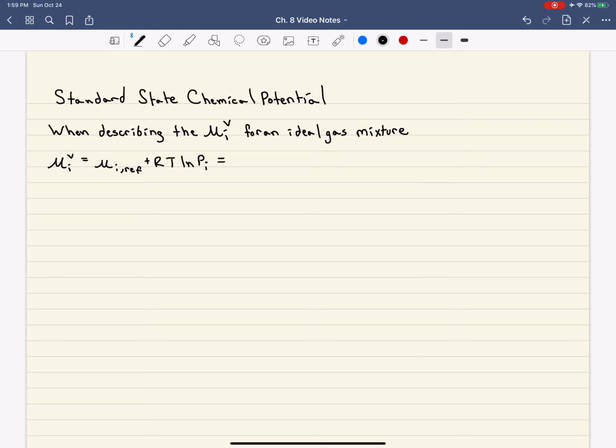But perhaps the more common way that you'll see, not only in the chemical engineering discipline, but in just the more general chemistry and physics way of describing thermodynamics, they write their chemical potential equations like this.